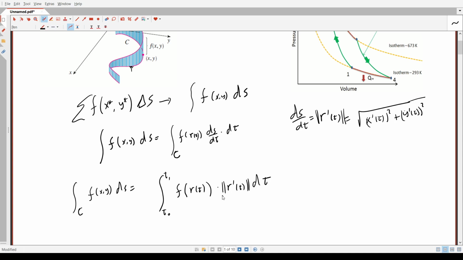Okay, so this whole bit right here basically corresponds to how long this segment is, and this part right here is how tall the segment is.